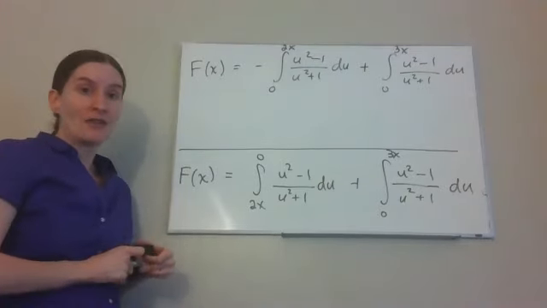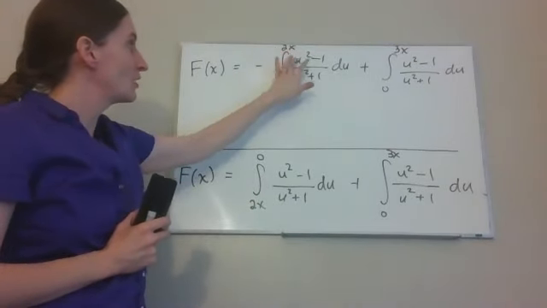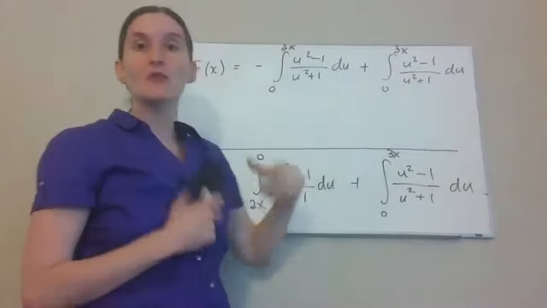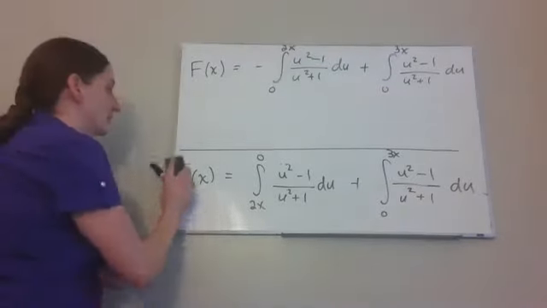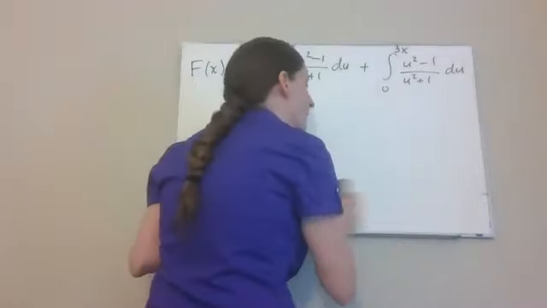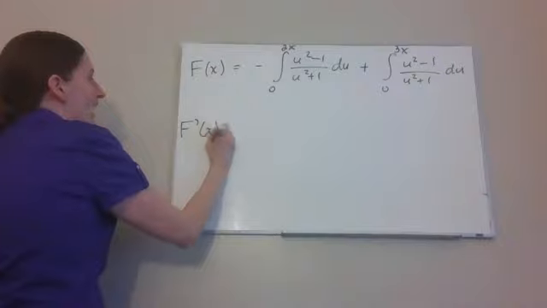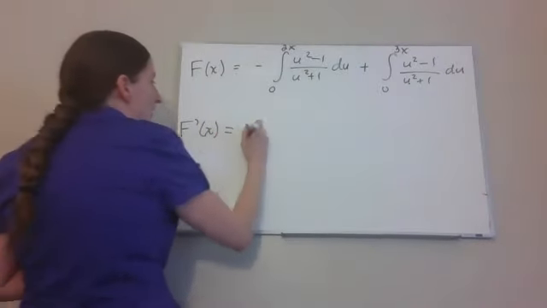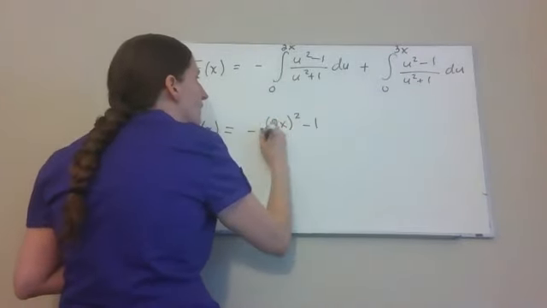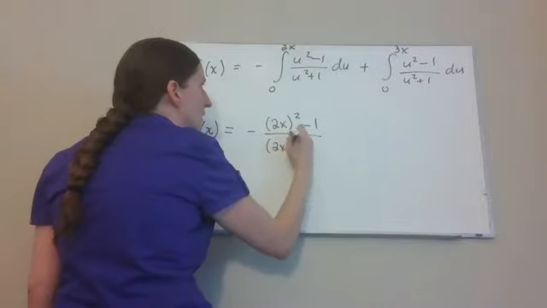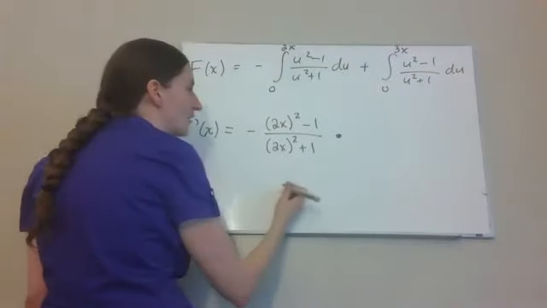Remember, all it said that we have to do to take this derivative is you plug in this top bound of integration for all of the variables, and then you multiply by the derivative of the function that's up at the top of your bounds of integration. So, using that more complicated fundamental theorem of calculus, I get f prime is equal to negative, plug in the 2x for all of my u's, and multiply by the derivative of 2x, which is 2.